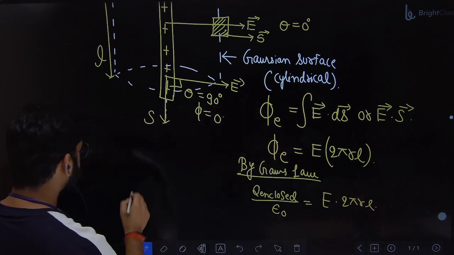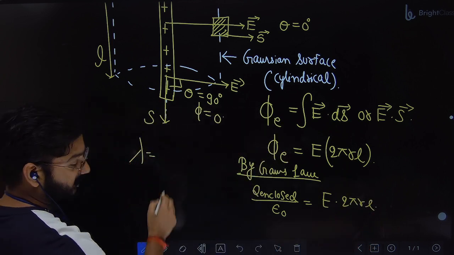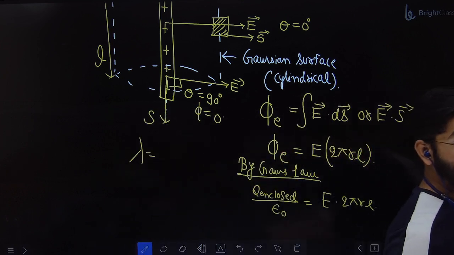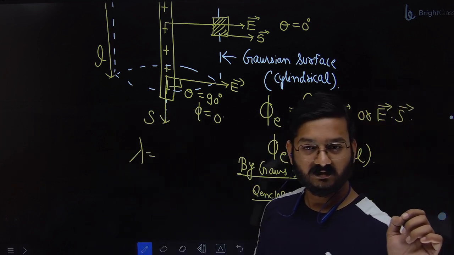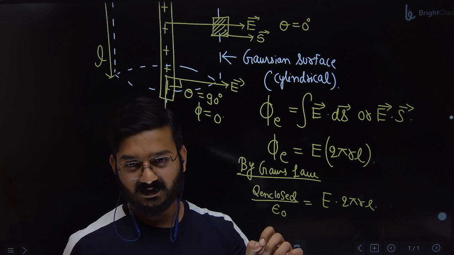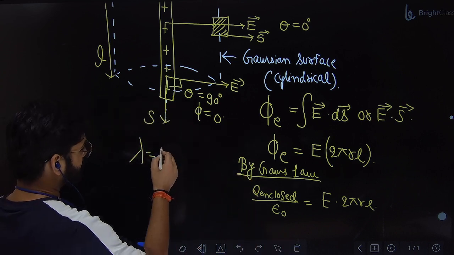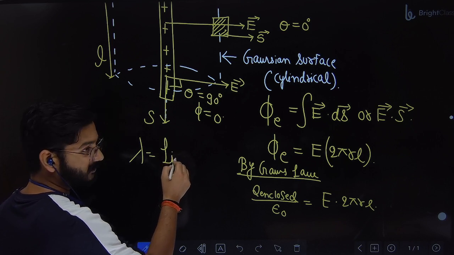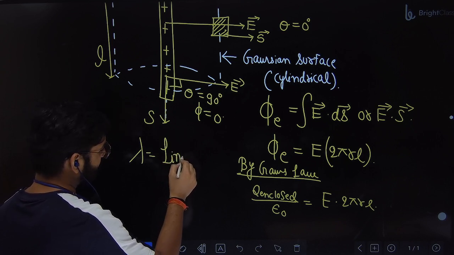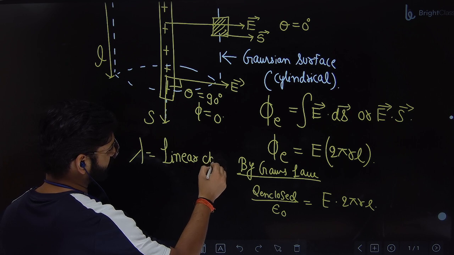Now all of you see on the board, lambda. I have not explained these things till now. Lambda is called wavelength, but in this context there is no meaning of wavelength. So lambda is called, anyone knows the name? Linear charge density.